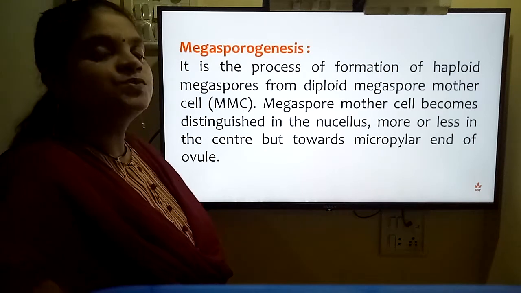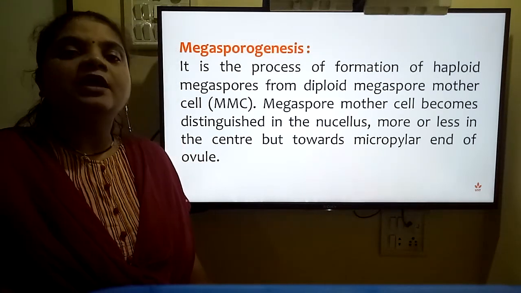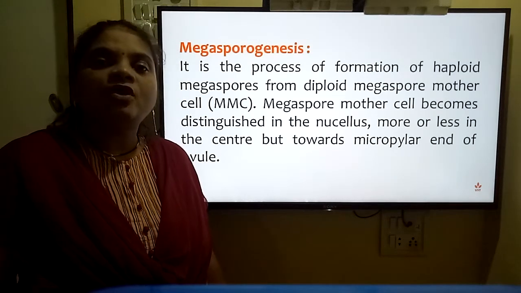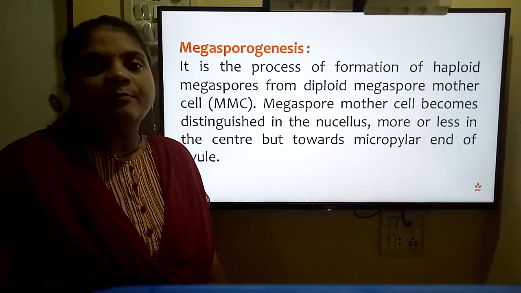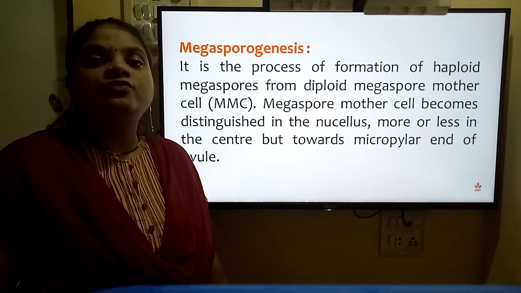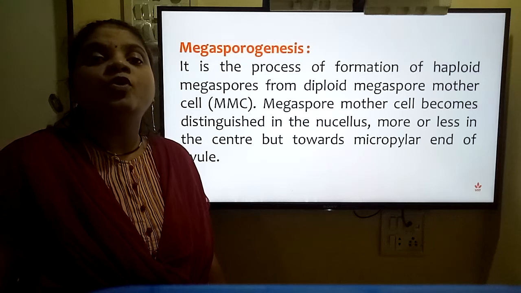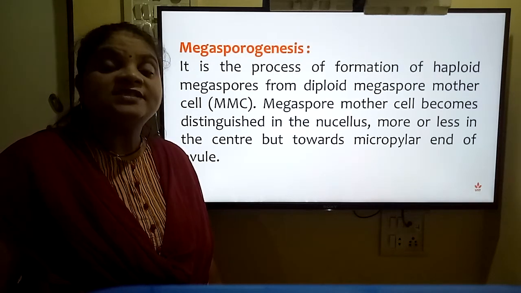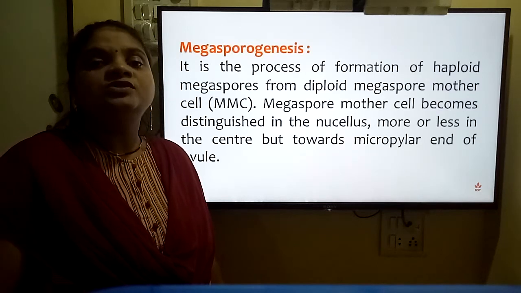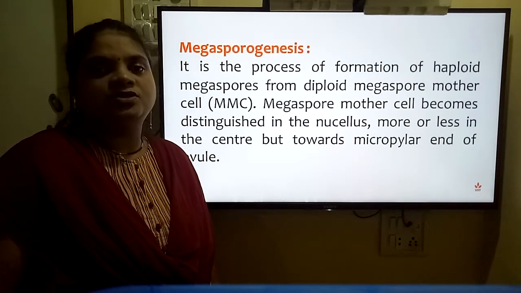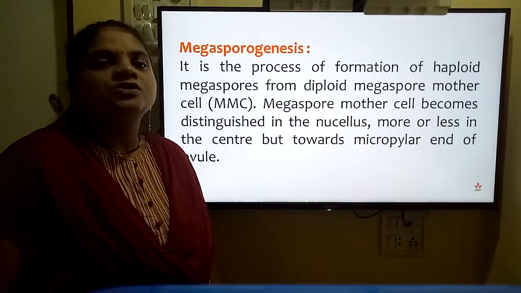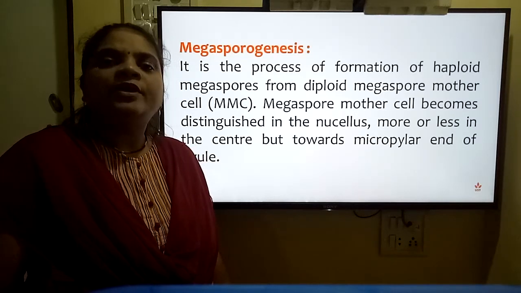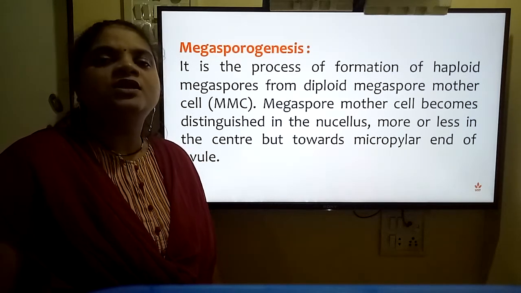Now megasporogenesis. What is that? It is the process of formation of tetrad haploid megaspores from the megaspore mother cell. This megaspore mother cell is present inside the nucellus. As I told you, parenchymatous tissue is present in the nucellus.